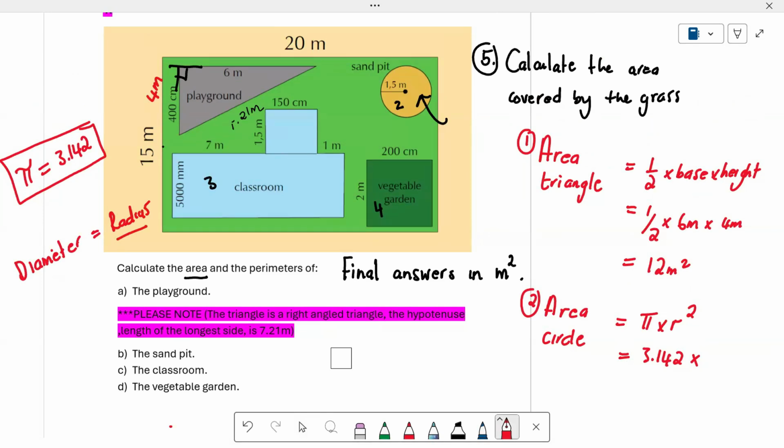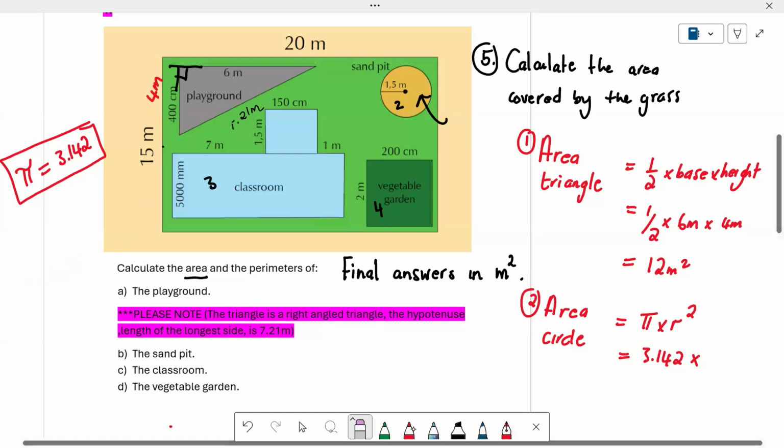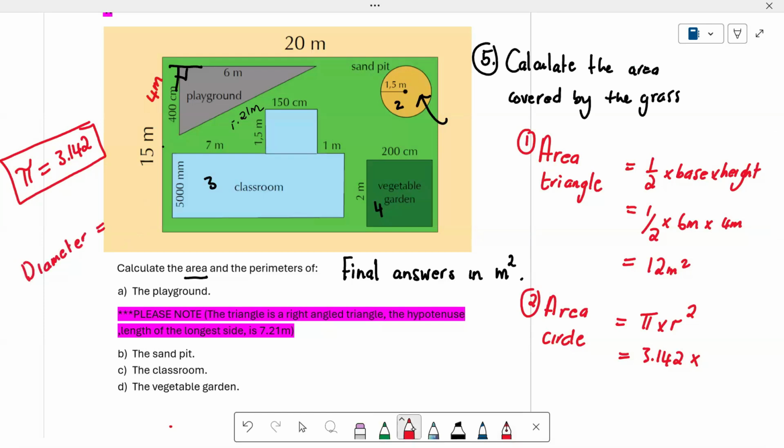Let's say, for example, you are given the diameter. How would you get the radius? You say diameter divided by 2 will give us the radius. That's what we're doing. But here, in this case, what are we given? The radius. It's the radius.